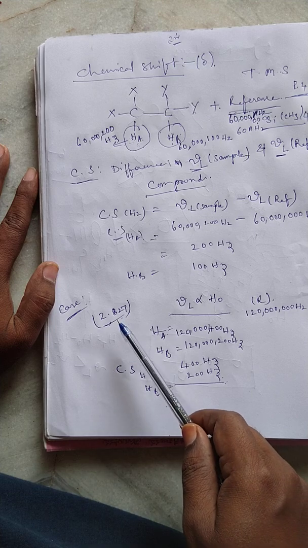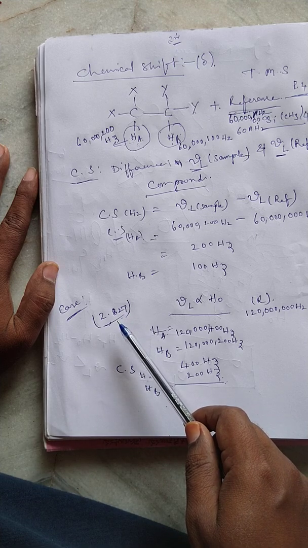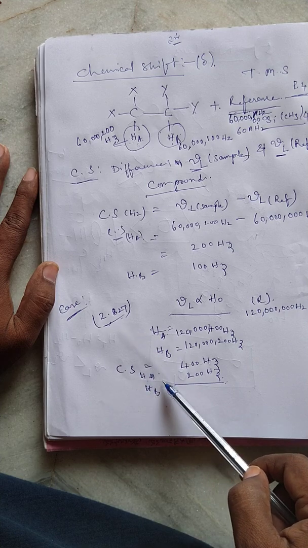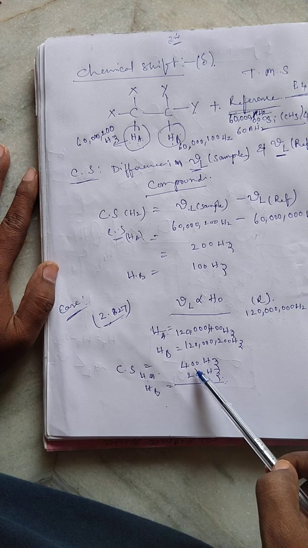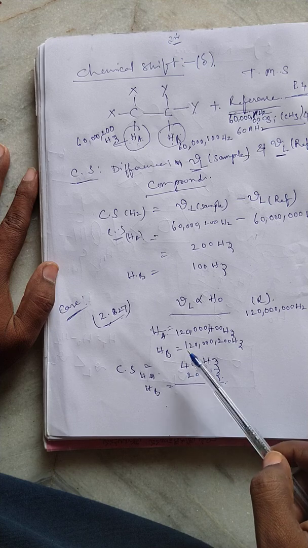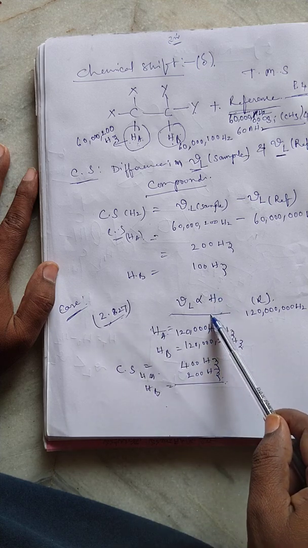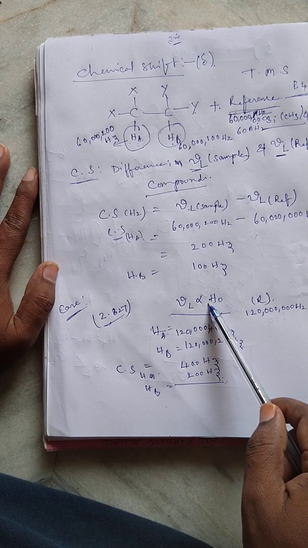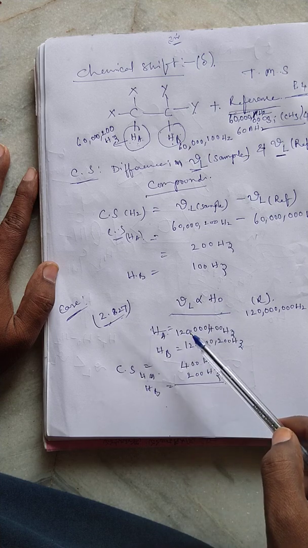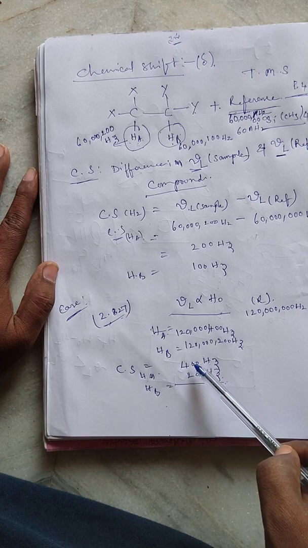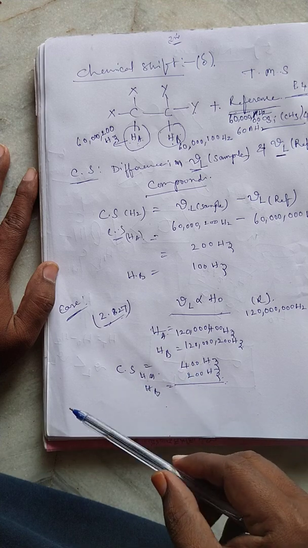And if you double the strength of the external magnetic field, the chemical shift values double, or change, right? So if you go on changing this H naught value, the external magnetic field value, these chemical shift values are also going to change, right?